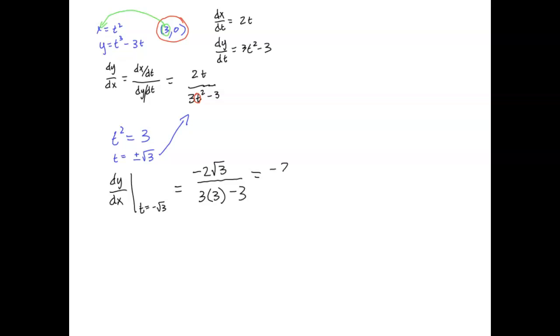So that's negative 2 root 3 over 6, or negative 1/3 root 3, or I guess probably better to write it as negative root 3 over 3, right? All right, so there's my first slope at that point. And my second slope we're going to find by plugging in just positive root 3. So dy dx when t equals positive square root of 3.